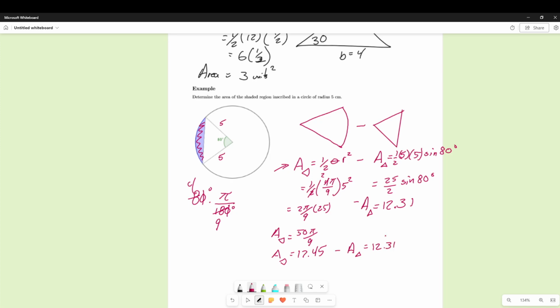So I'm going to subtract, do it, and get 5.14.